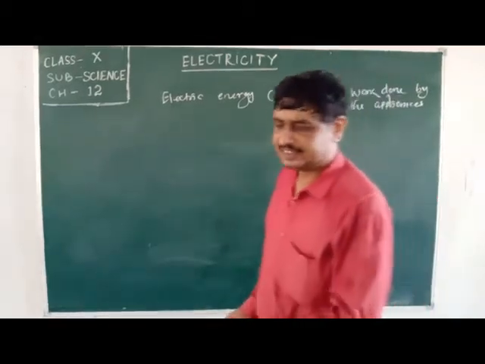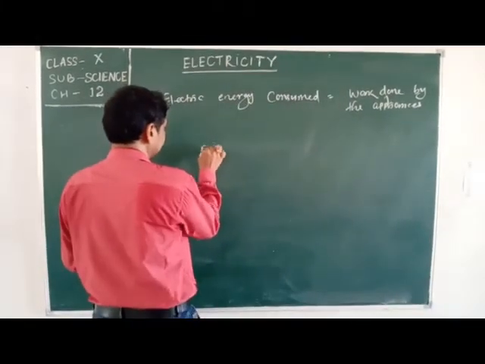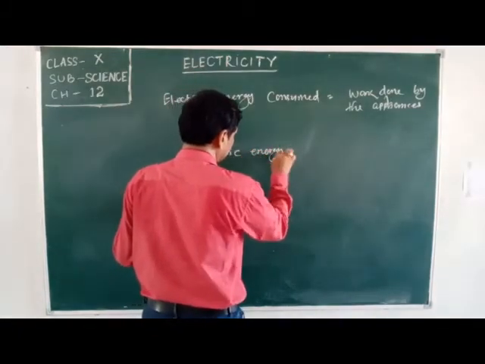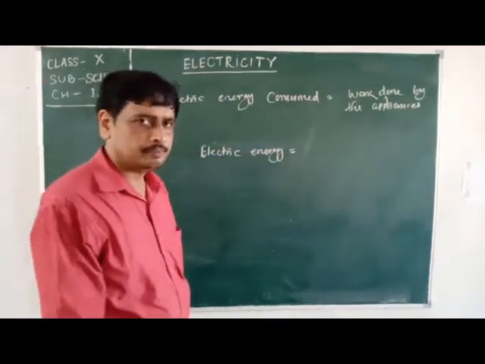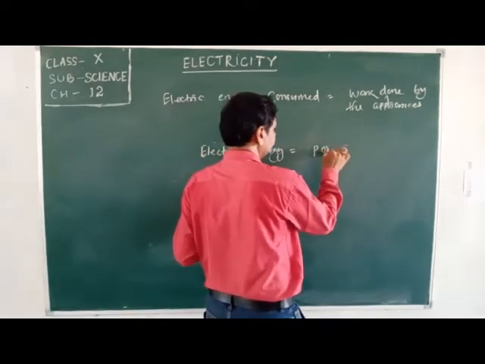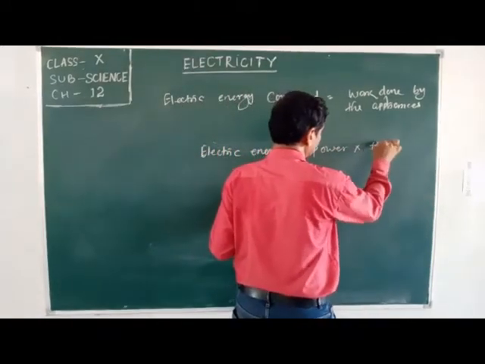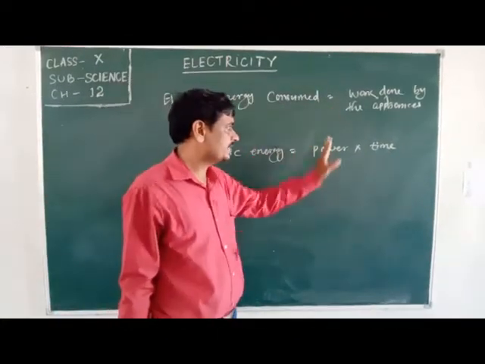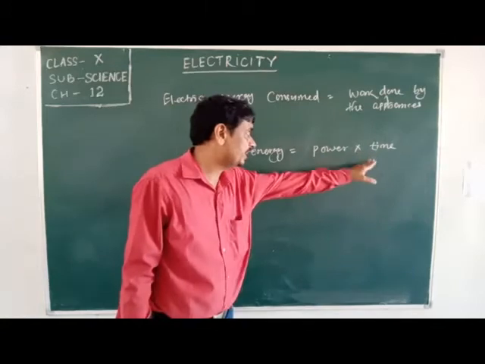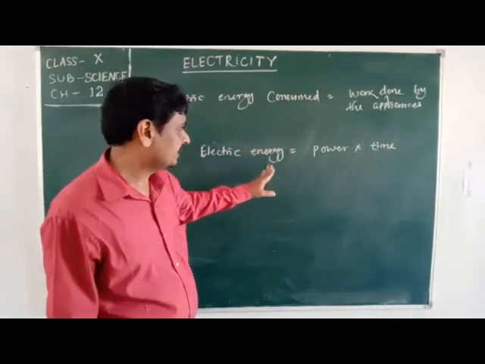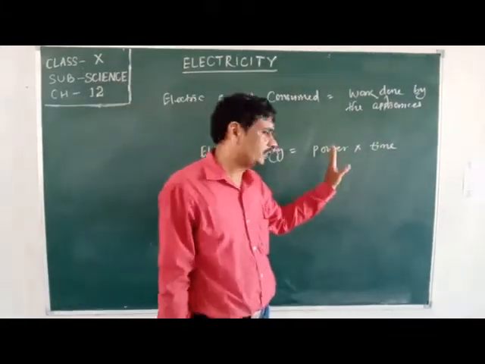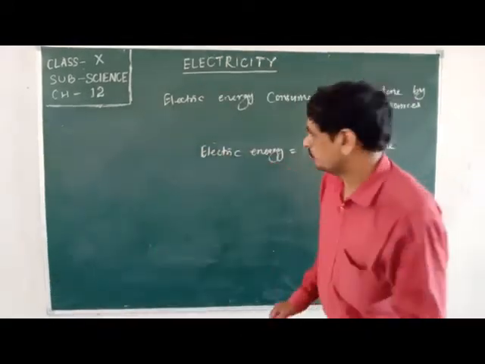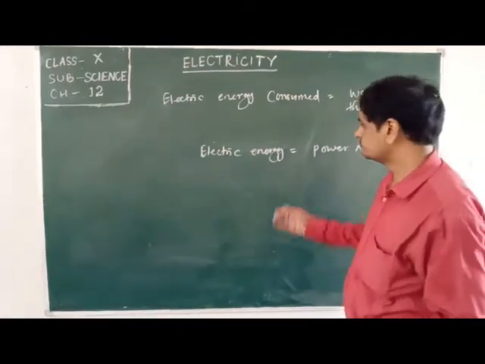So this electric energy is equal to power into time. The work done is P into T, W is equal to P into T. So the amount of electric energy depends upon the power of the appliance and the time duration for which we use the appliance.